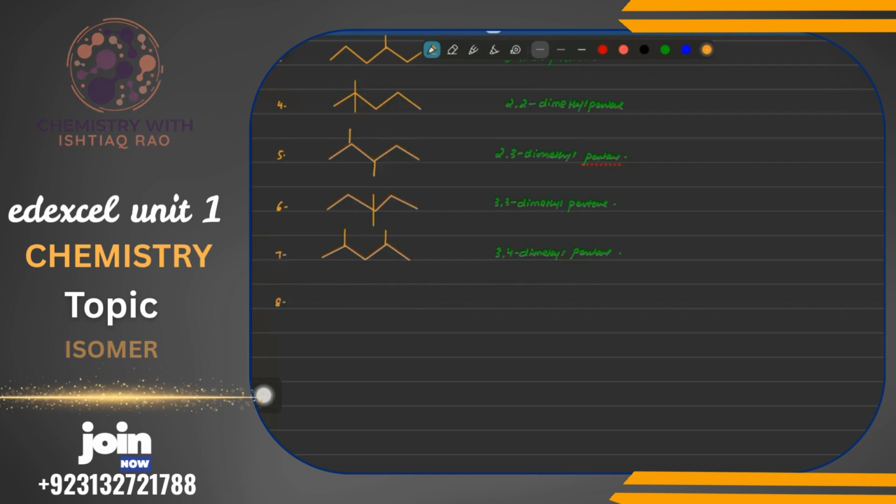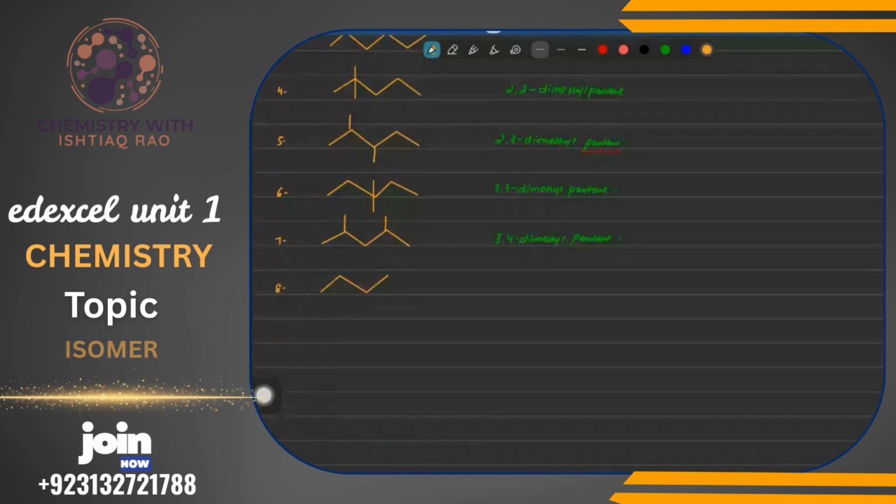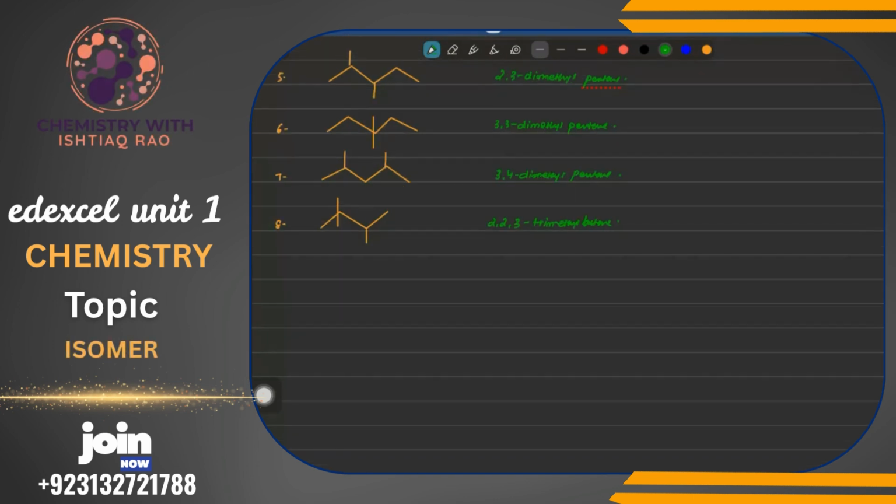How many carbon atoms are remaining? 3. So I'm going to put two branches over there and one branch over there. It's going to be 2,2,3-trimethyl, but this is butane.